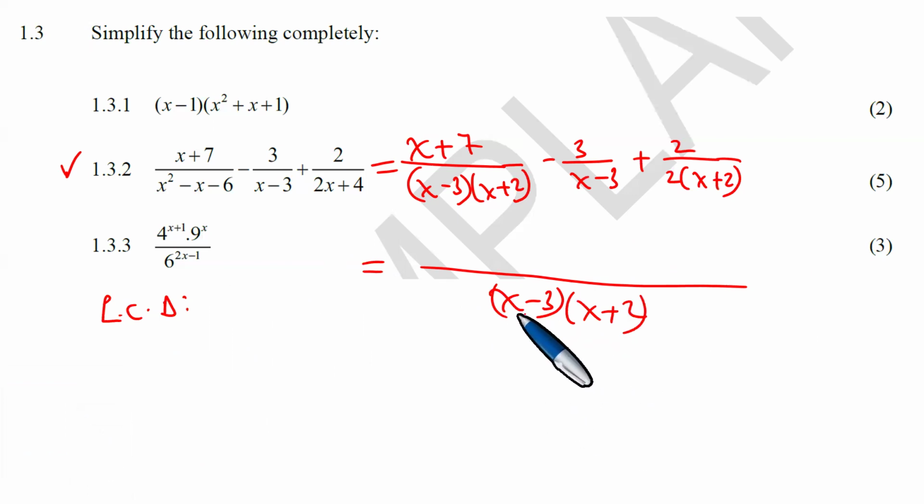Here there's x. This one is x minus 3, x plus 2. This one is x minus 3. This one is x plus 2. But we need to put 2 there.